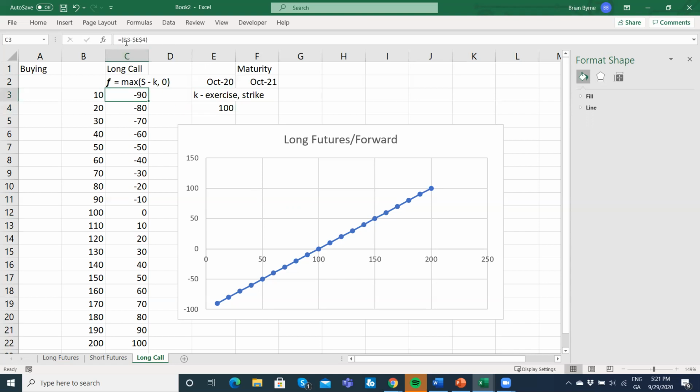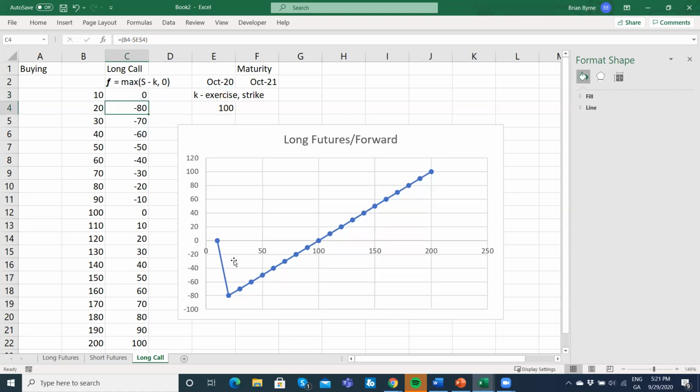And to set up the payoff structure, very simply as before, maximum of S minus K or 0. So we are removing the negative region. In other words, if the payoff is not positive, if it doesn't yield us a positive payoff, then we walk away from the contract.